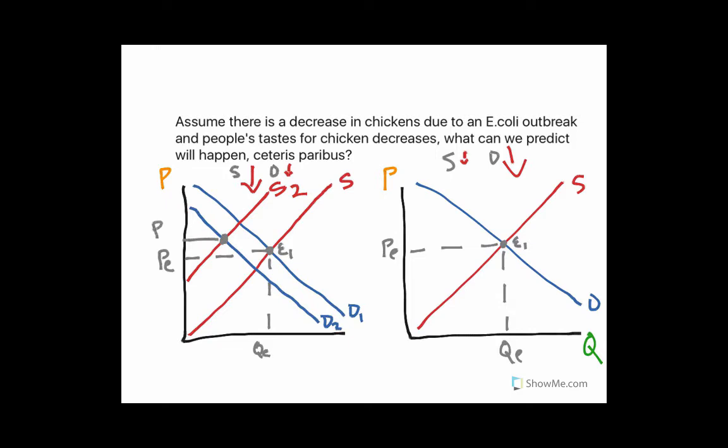And that would give us our new price. Right. We would have a new price at P2 and also a new quantity being sold at Q2. So for this first example, we've noticed that the price has gone up and the quantity has gone down.